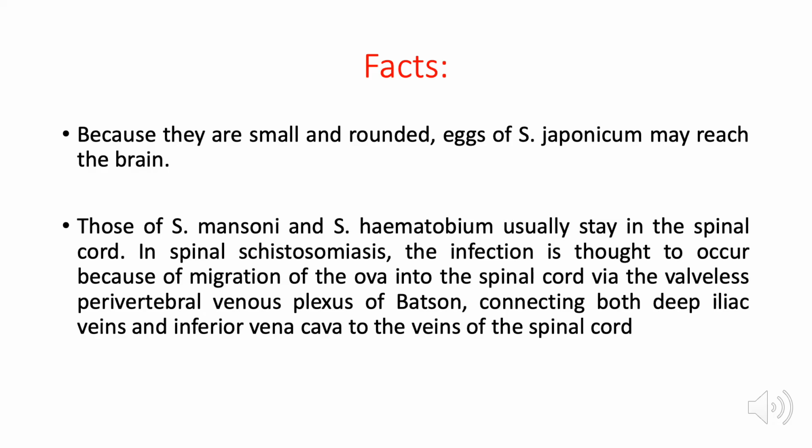These Batson plexuses are valveless veins found along the vertebral column. And since they are valveless, they cannot prevent the passage of eggs of Schistosoma mansoni and Schistosoma haematobium into the spinal cord.